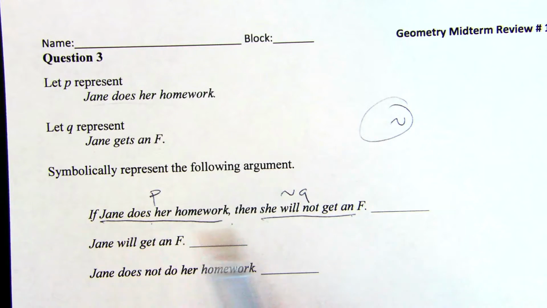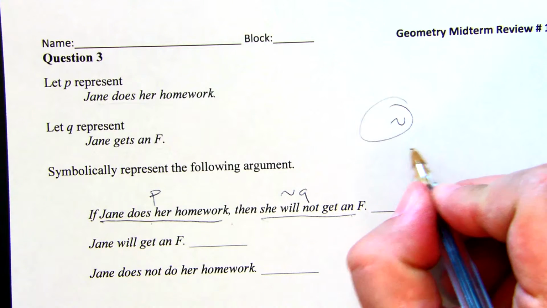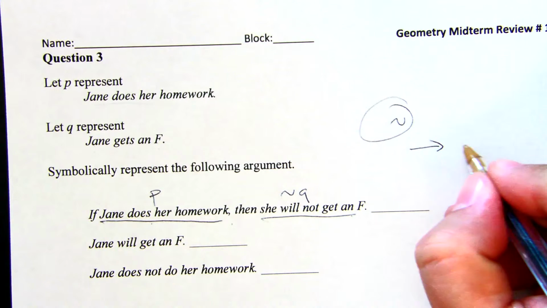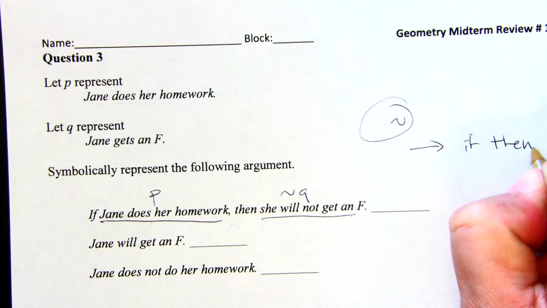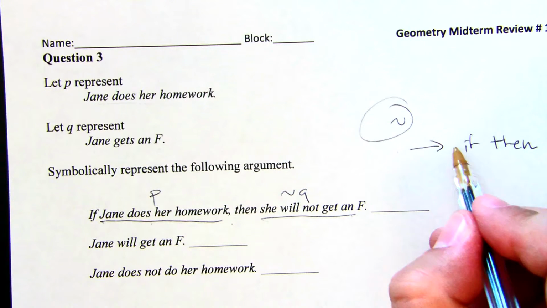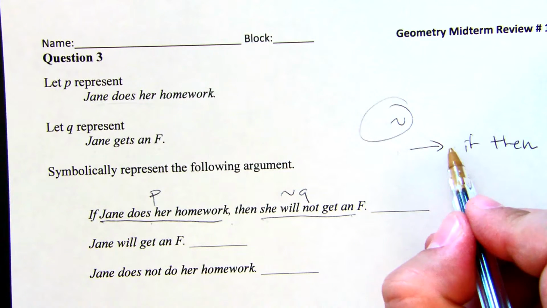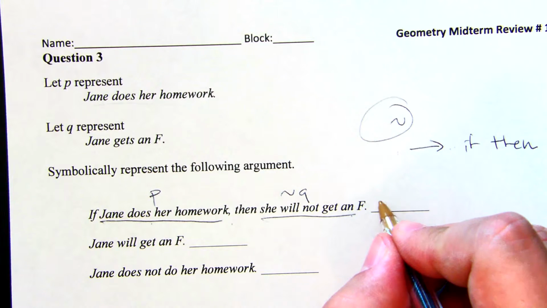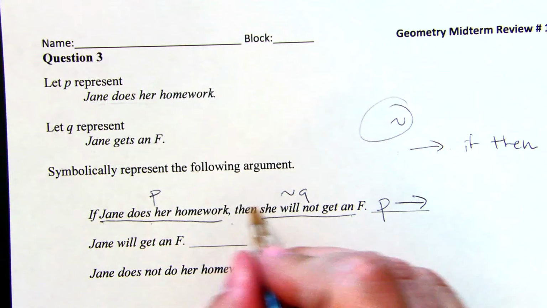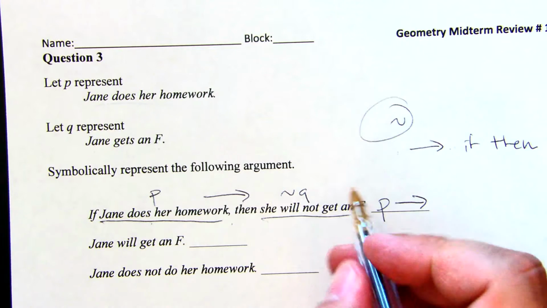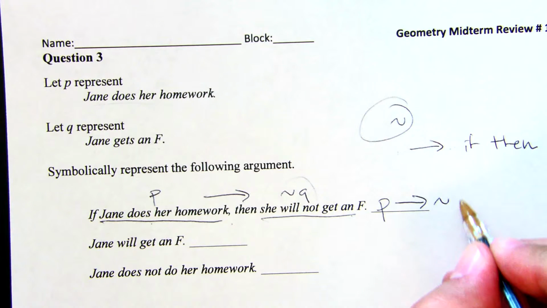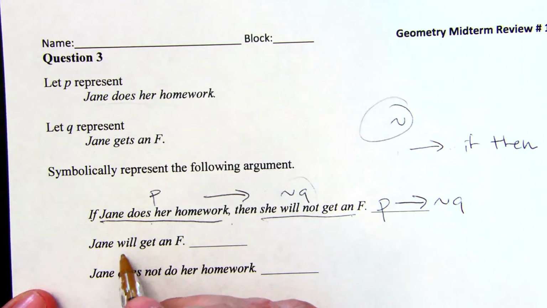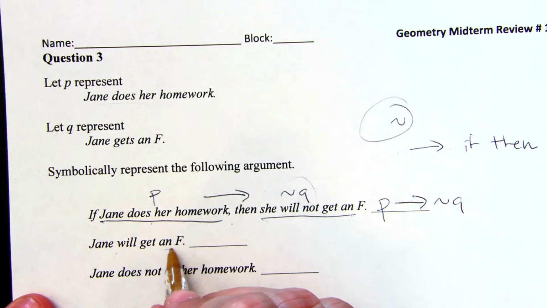Okay, and we have an if, then. Remember, if, then is our little arrow. Something here, something here. If P, then Q. So we have if P, then, and then we have not Q. Jane will get an F. What's that?